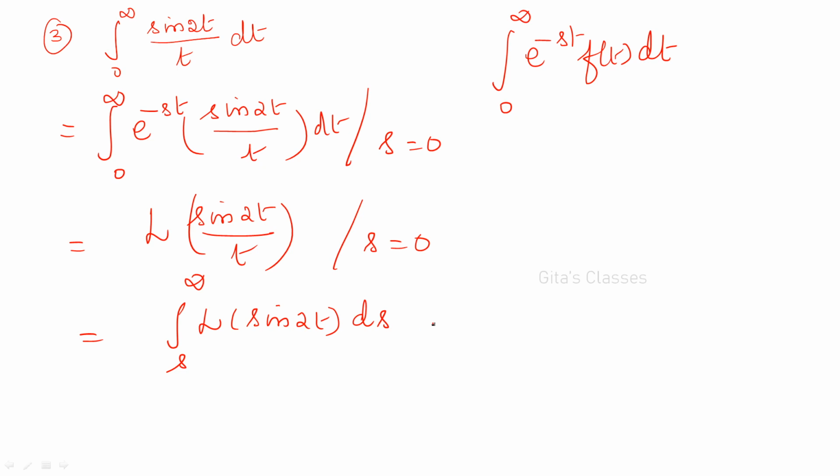After finding this, it will become a function of s. So this is at the point s is equal to 0. That is integral s to infinity L of sin 2t, so 2 divided by s squared plus 2 squared, that is 4, ds, at the point s is equal to 0.